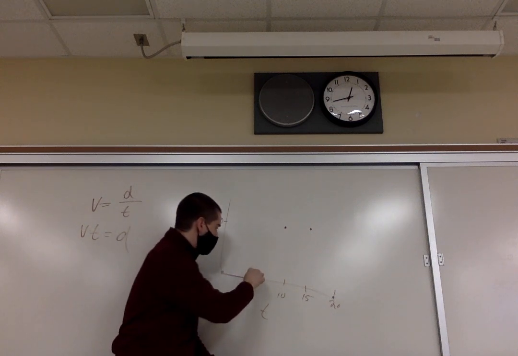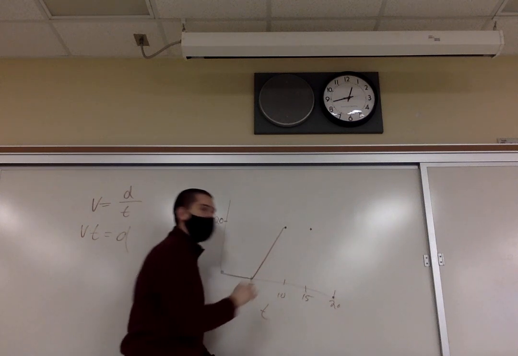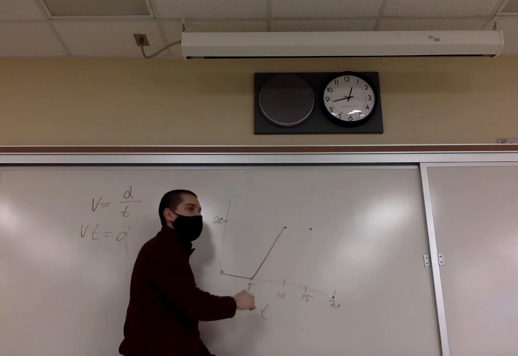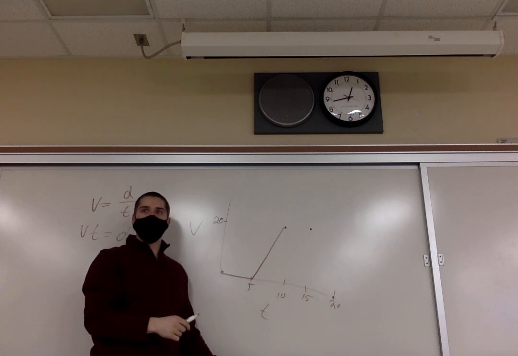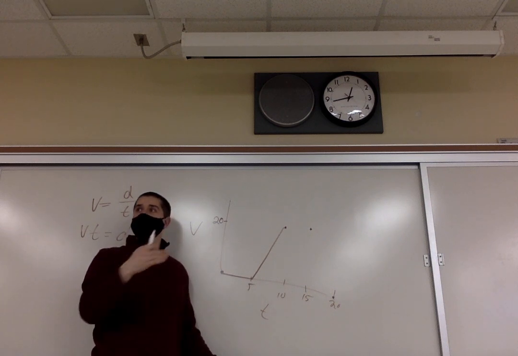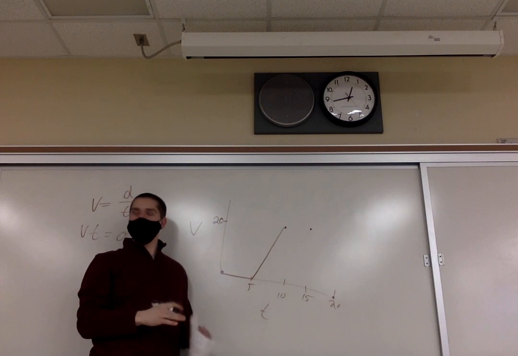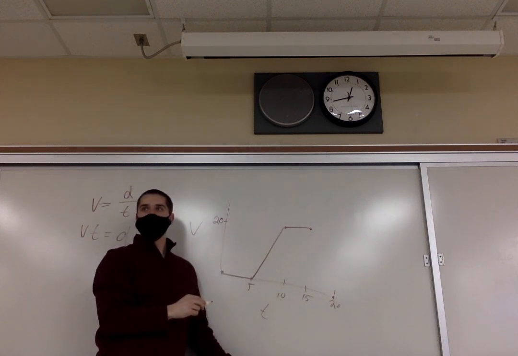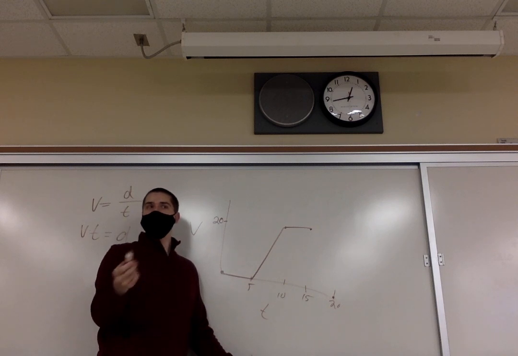Might sound trivial for this example, but some of them could be tricky. Here to here, no change in speed. We have constant acceleration for the last section, so the change has to be steady the entire time. That is your graph for part A, or part I.